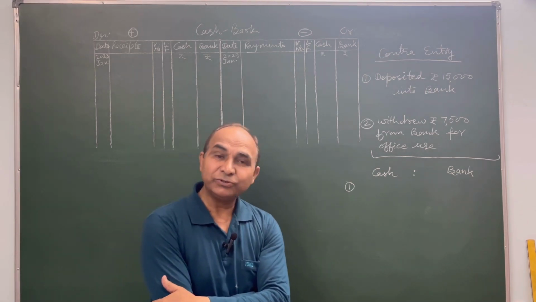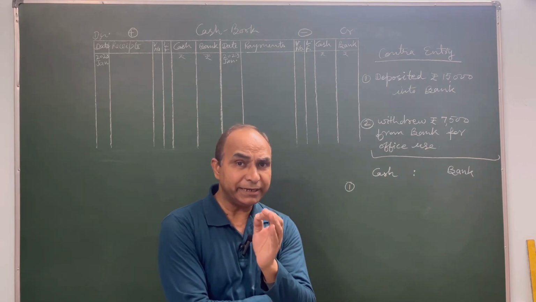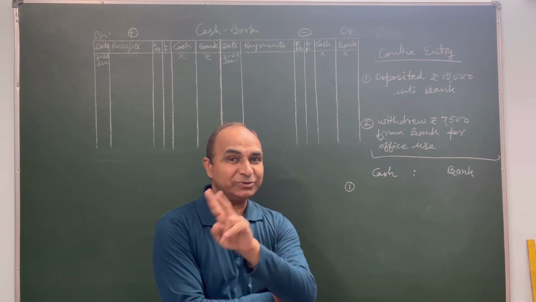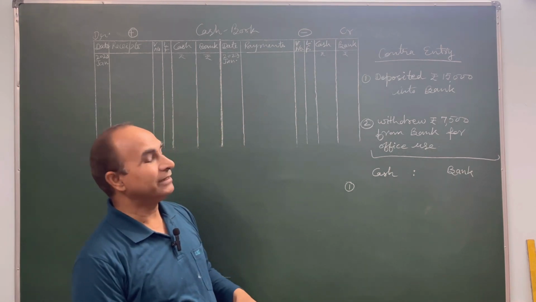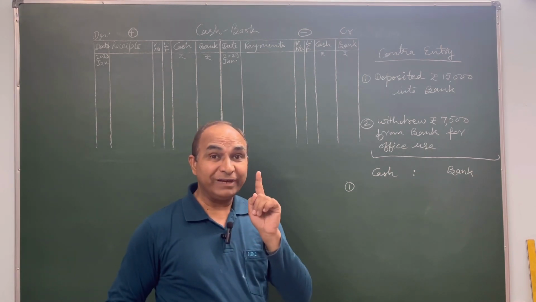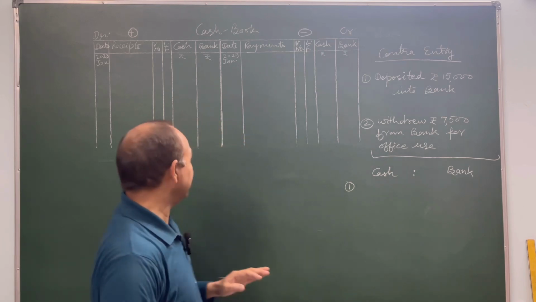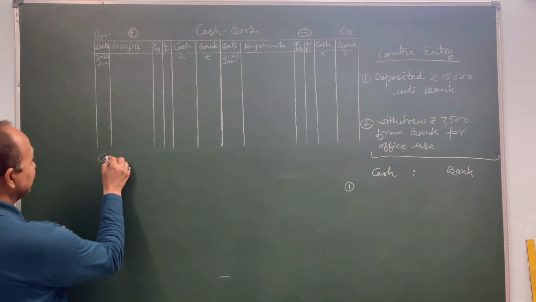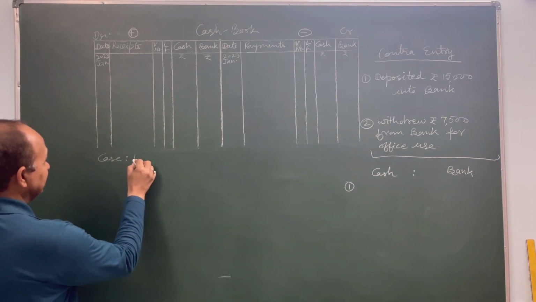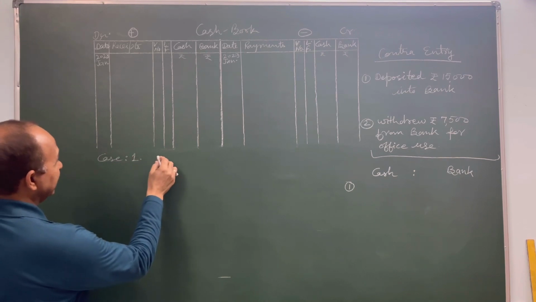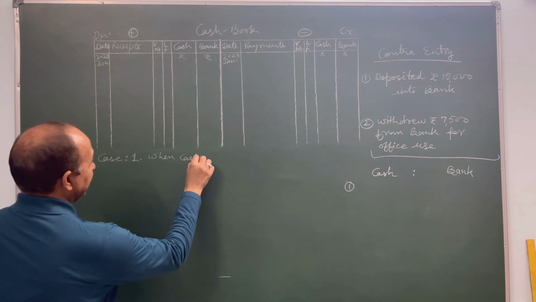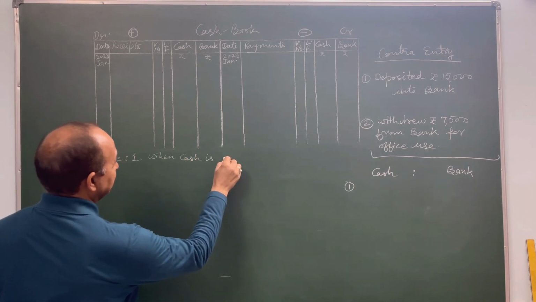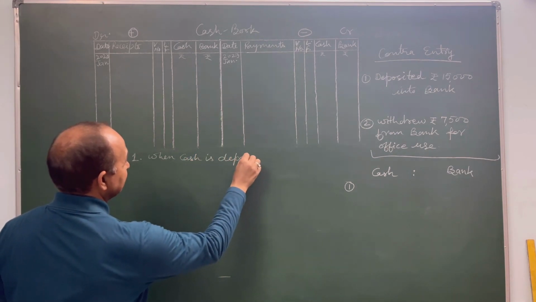And I want to tell you, contra entry takes place in two situations, two cases, students. The first one, case 1: when cash is deposited into bank.